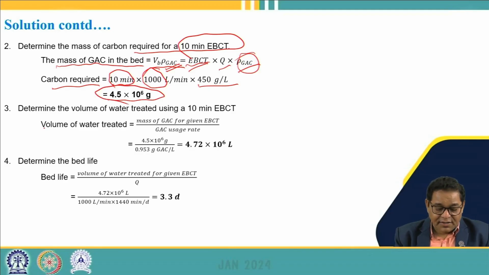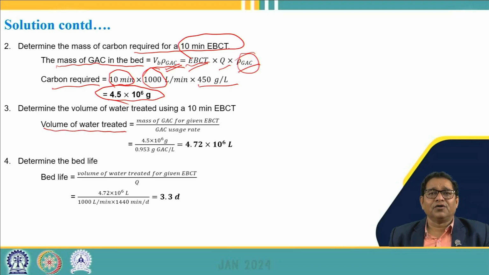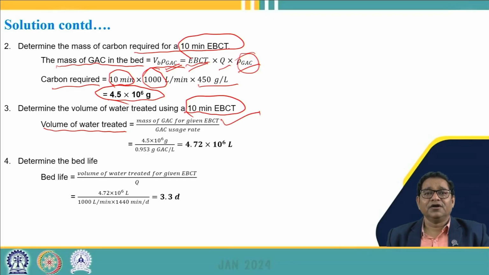And then here, if we see, this is the volume of the water. How much volume of water can we treat within this 10-minute EBCT time? This will be equal to the mass of the GAC added into the adsorption column for a given EBCT time, divided by the GAC usage rate.